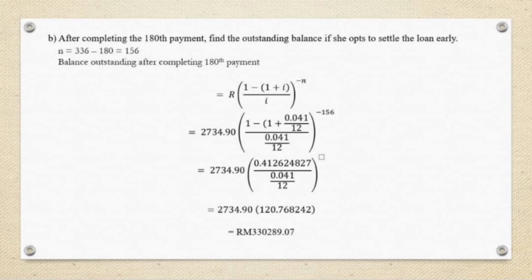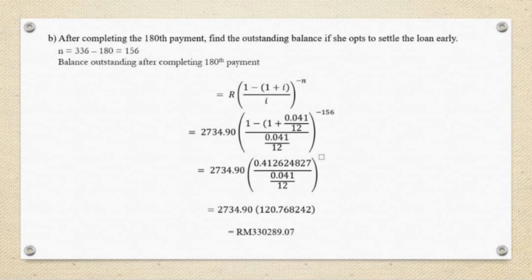Question B. After completing the 180th payment, find the outstanding balance if she opts to settle the loan early. Alina has to make payments for 28 years, which is a total of 336 payments. But the question asks us to find the outstanding balance after completing the 180th payment. So for this question, we need to change the value of n by subtracting 336 with 180, which equals 156.